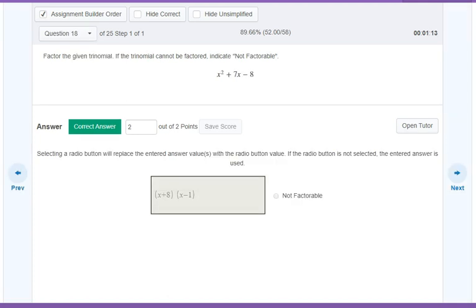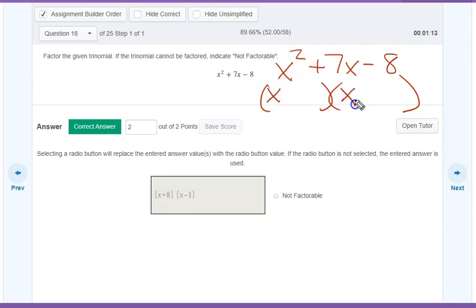All right, now they want us to factor this if we can. And we don't see many that are not factorable. So it's a trinomial. I'll write it big here. So we put 2 sets of parentheses, and we're going to undo the FOIL. Now our first term can only be x and x.